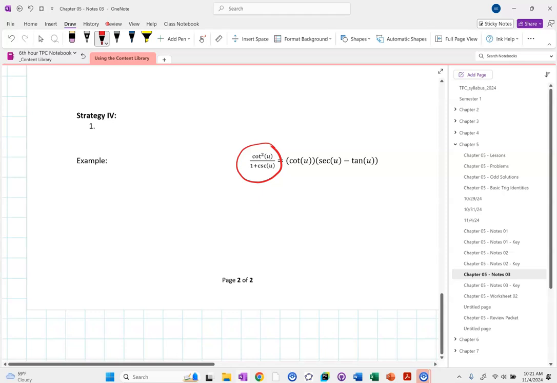So again, I see 2 things being divided, 2 things being multiplied. I don't see much difference between the 2. That works just fine for me. So if we work on the left-hand side, keep in mind where we're trying to get to. I see that I have a cotangent squared in the numerator, and I'm supposed to have a times cotangent in the denominator.